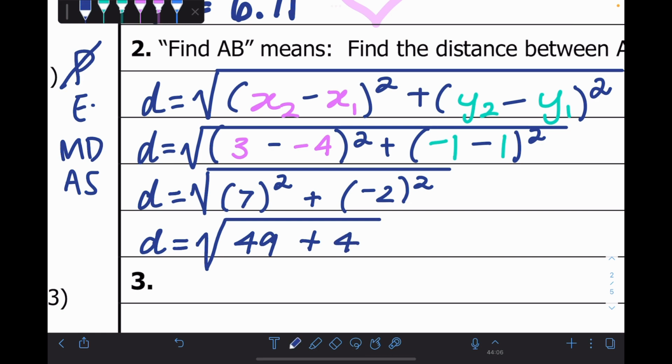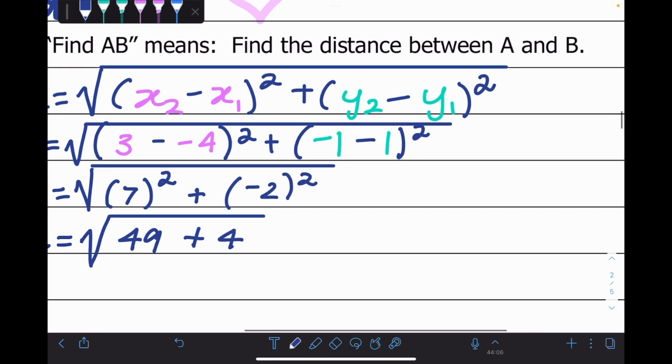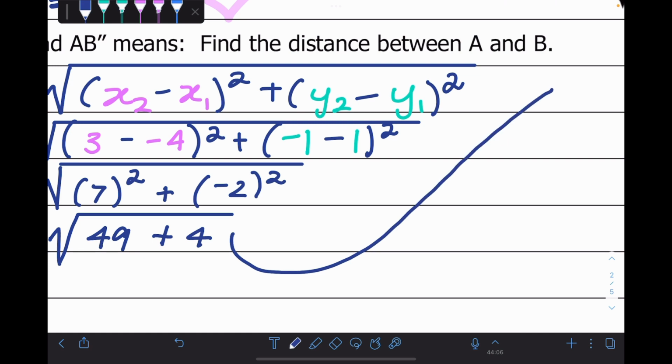Now multiplication and division, well, there's none, so we don't need it. Now addition, subtraction. We can do the addition. I'm going to do my working out over here because I've run out of space.